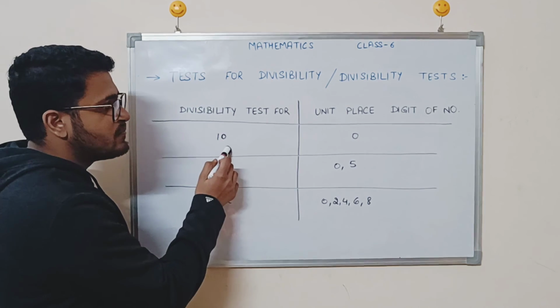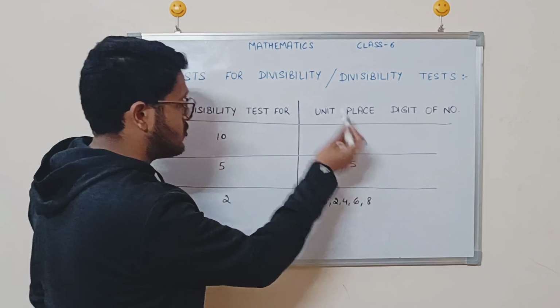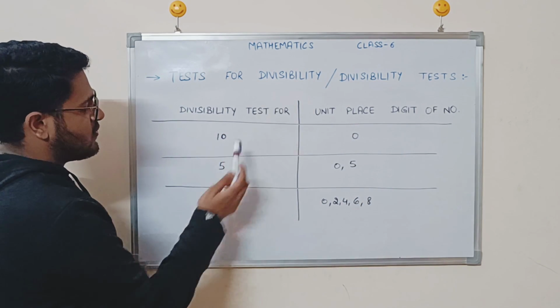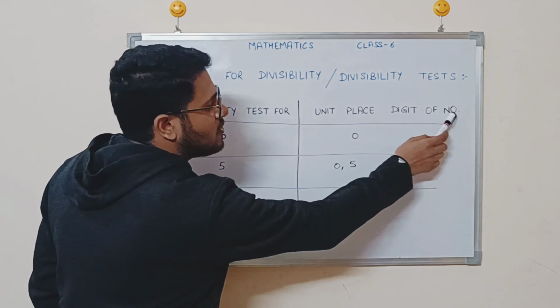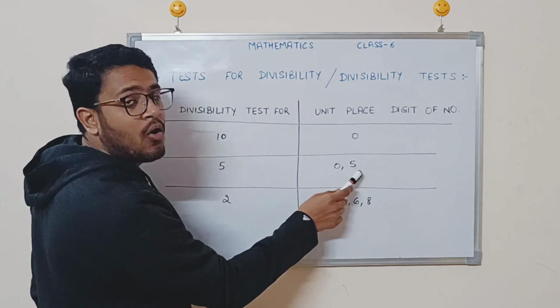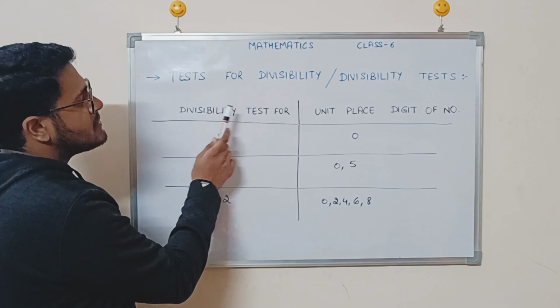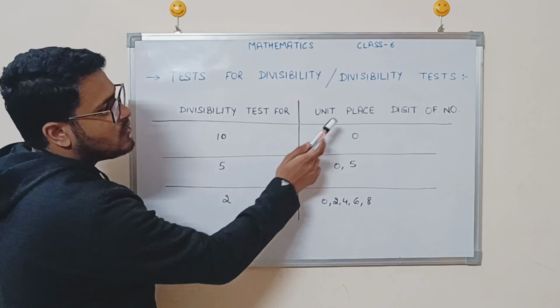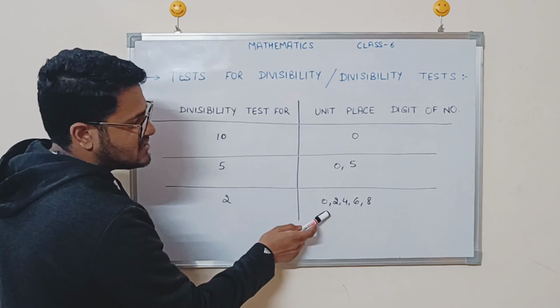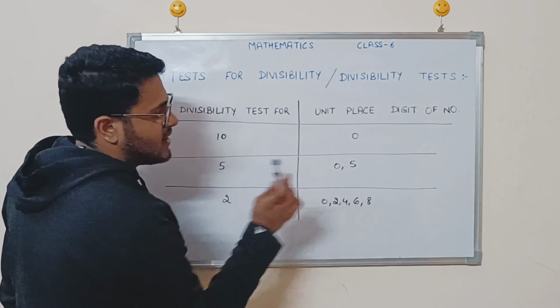For 10, the unit place digit must be 0. For 5, the unit place digit must be either 0 or 5. For 2, the unit place digit must be 0, 2, 4, 6 or 8. Right?